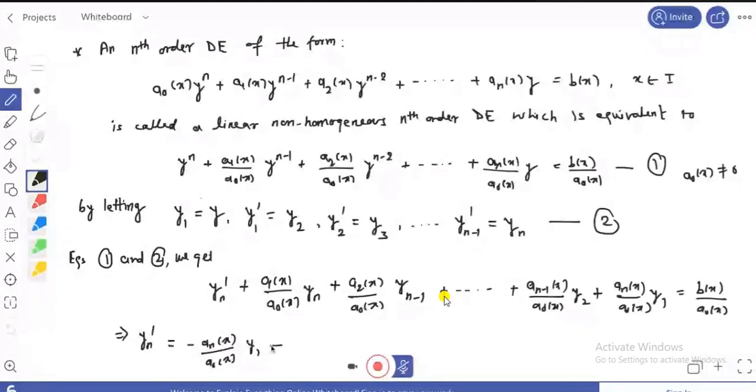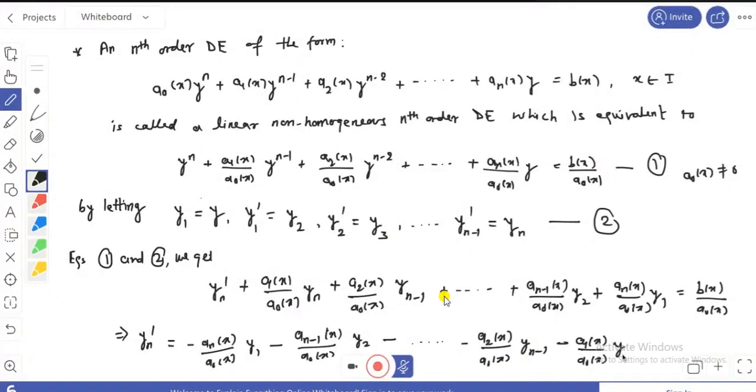Here you can rewrite this equation: yn prime is minus anx over a naught x y1, minus an minus 1x over a naught x y2, and so on, minus a2x over a naught x yn minus 1, and this term a1x over a naught x yn, if we move it from the left hand side, becomes negative on the right, plus bx over a naught x.